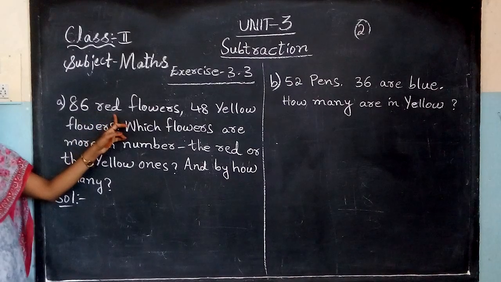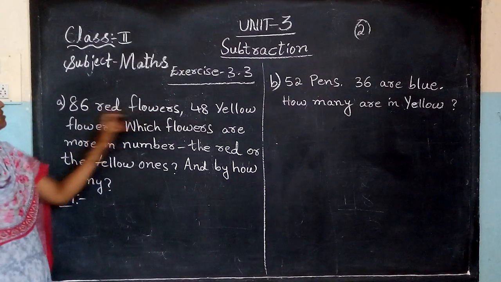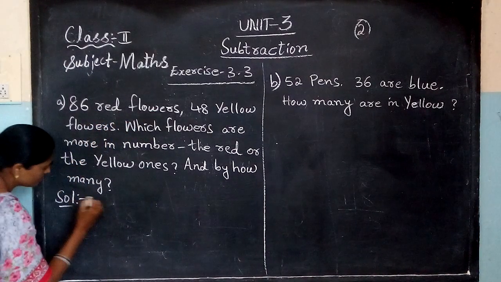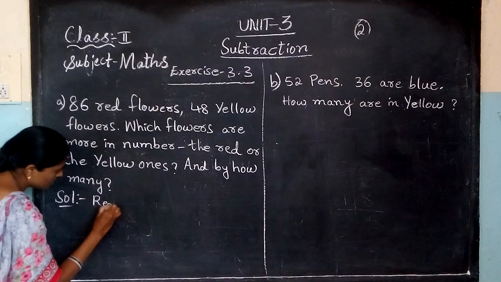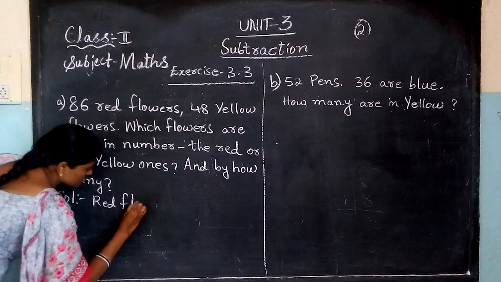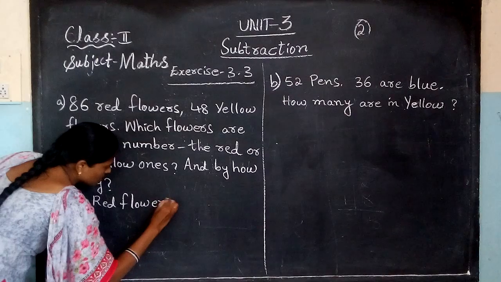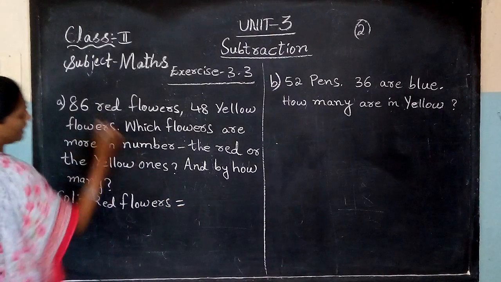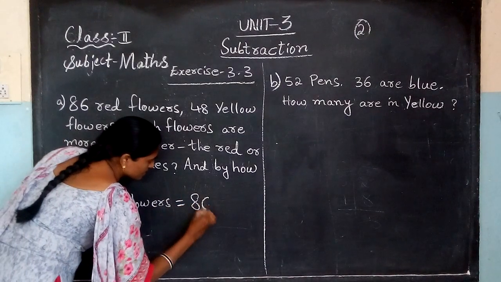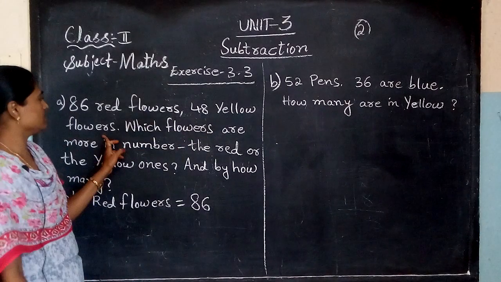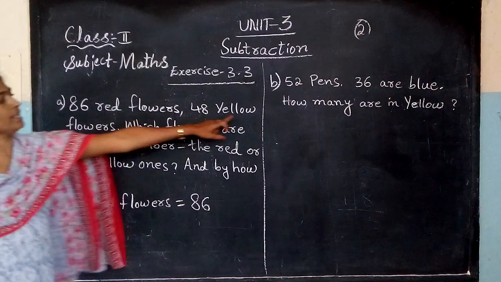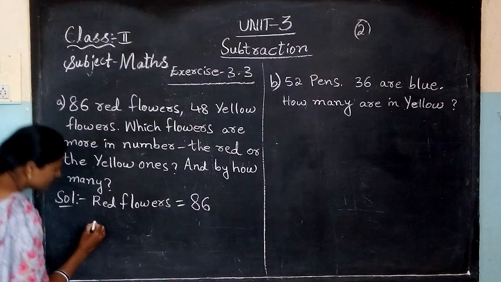Now, red flowers, how many are there? Red flowers is equal to how many? 86. And how many yellow flowers are there? 48.